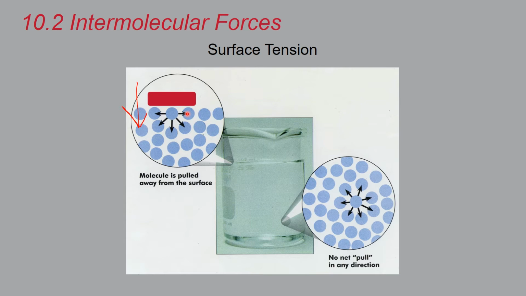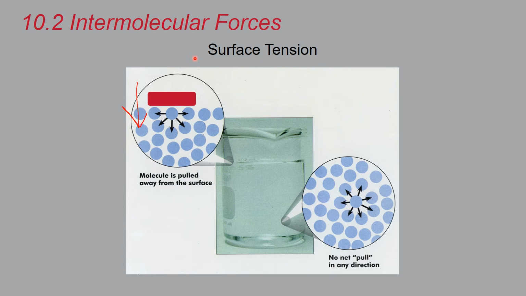And the stronger these intermolecular forces, the greater the surface tension is. So for example, that needle trick would not work with a substance that had a much lower surface tension or much smaller intermolecular forces, like, let's say, hexane or something like that. So it kind of needs to be water. All right.